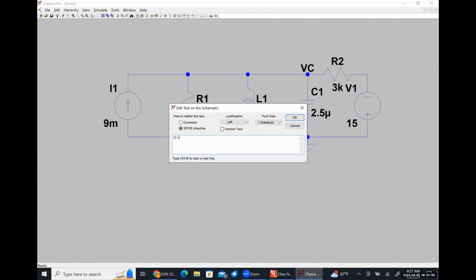I'm going to say the voltage at node VC is equal to 0, because that's what the voltage for the capacitor was at t equals 0. I'm going to press Control M to give myself a new line, and then I'm going to do .ic I, the current flowing through component L1, was negative 5 milliamps. Is that what we got with our circuit analysis? I believe so. Okay.